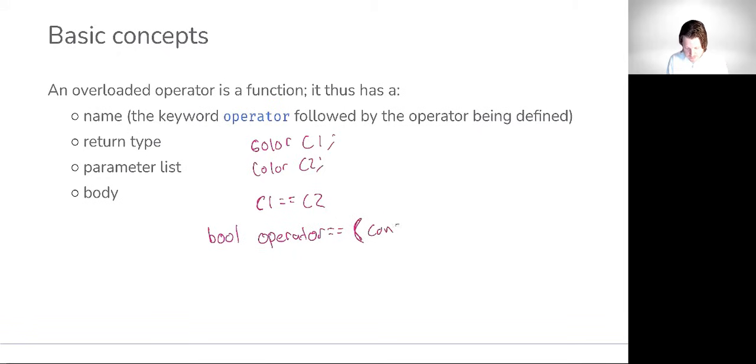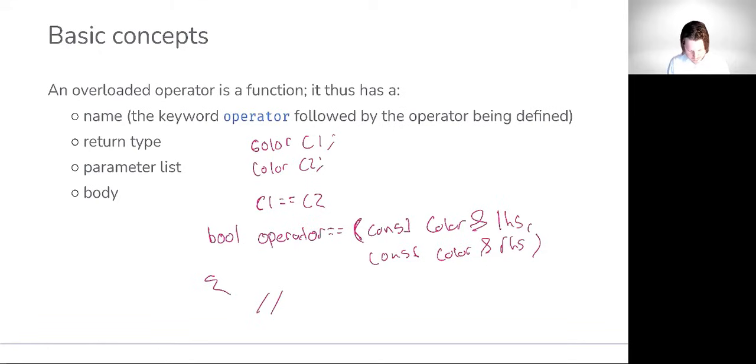So const color, call this LHS for left-hand side, const color RHS for the right-hand side. I'll let you all define this however you want, but it is for a user-defined type. So we determine what it means for two objects of this type to indeed be equivalent.